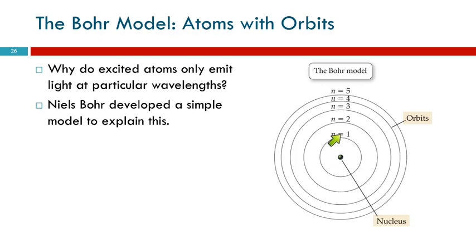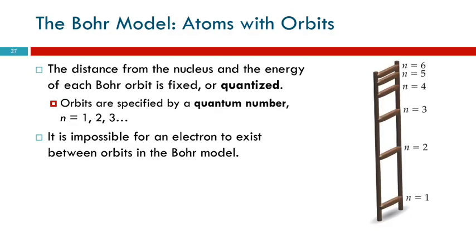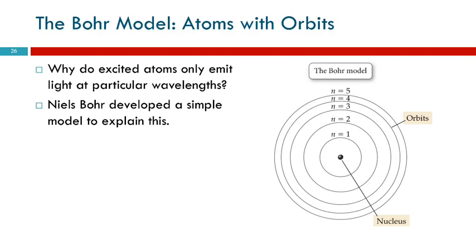And the idea here is that an electron, say, in this second orbit, when you zap it with electricity, can absorb some of that energy and jump up to a higher energy orbit. And then when it comes back down, the energy that's released is given off as light. So the distance between the nucleus and this n equals 1 orbit, the distance between n equals 2 and the nucleus, those are fixed distances.